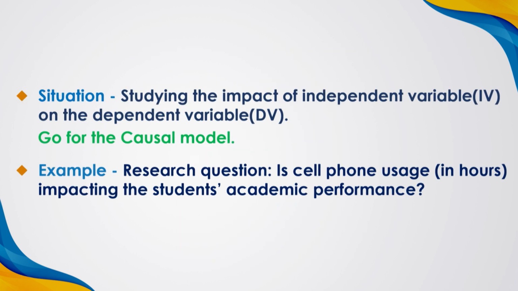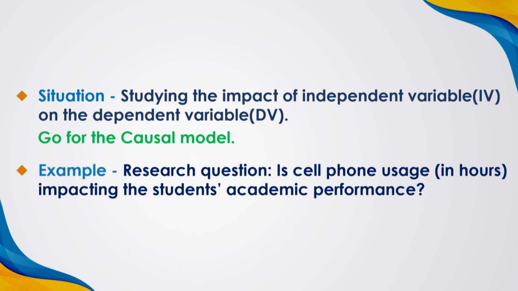There are other situations also where hypotheses are needed. One situation is studying the impact of independent variable, which is denoted by IV, on the dependent variable, which is denoted by DV. If we come across such a problem, then in statistics we must go for causal models. Now, I am going to illustrate with an example.